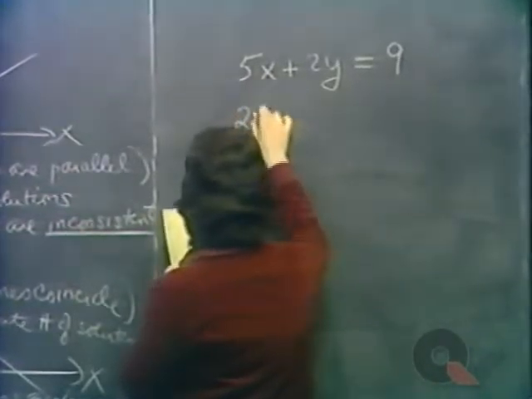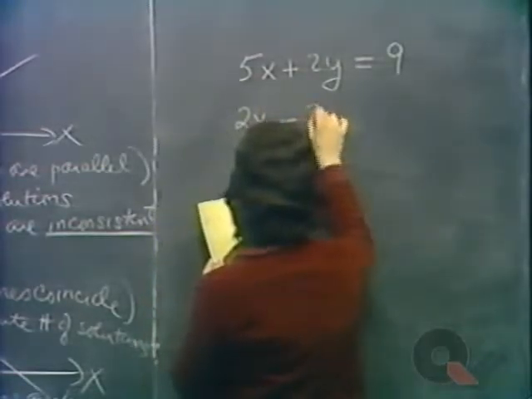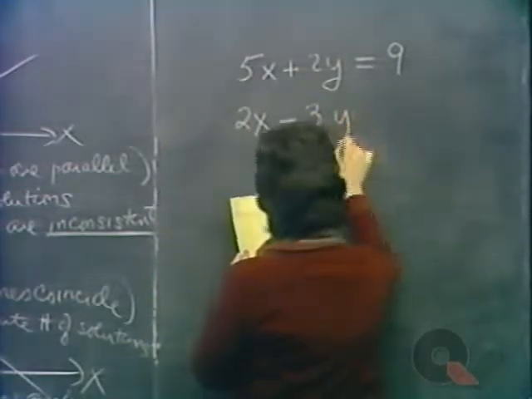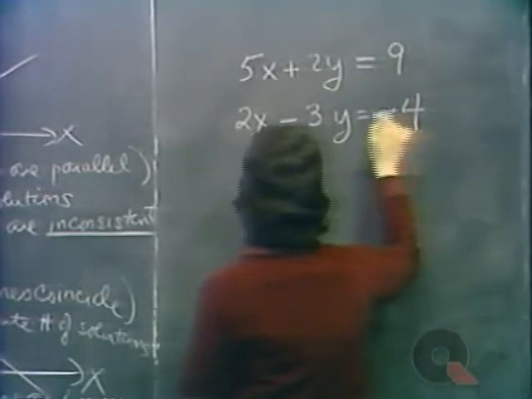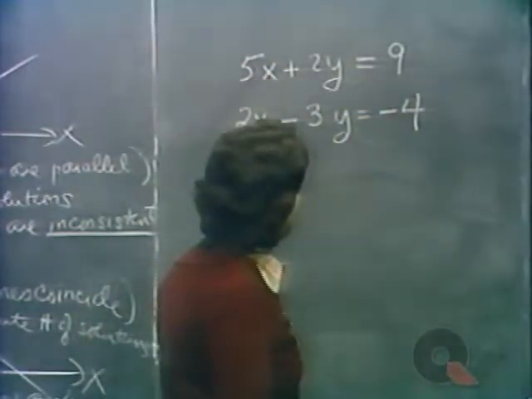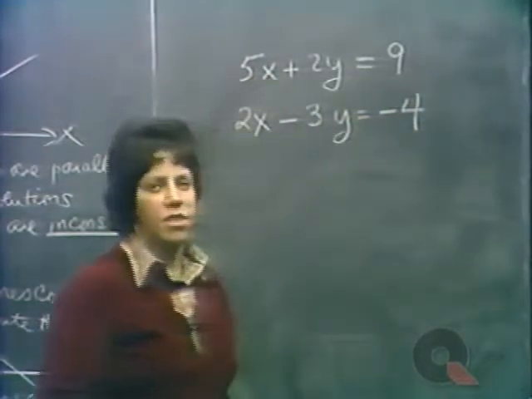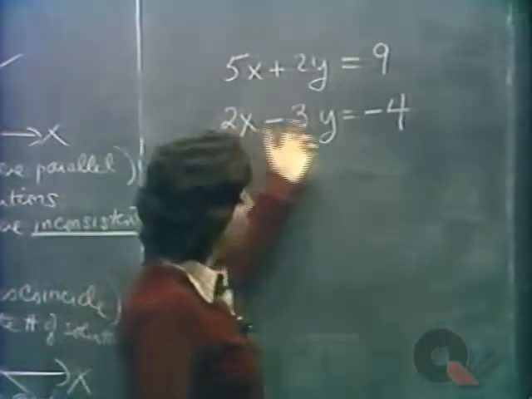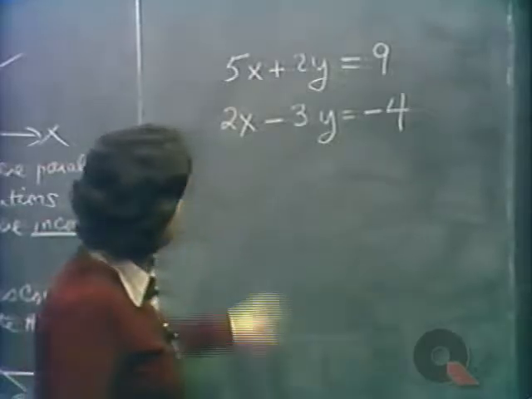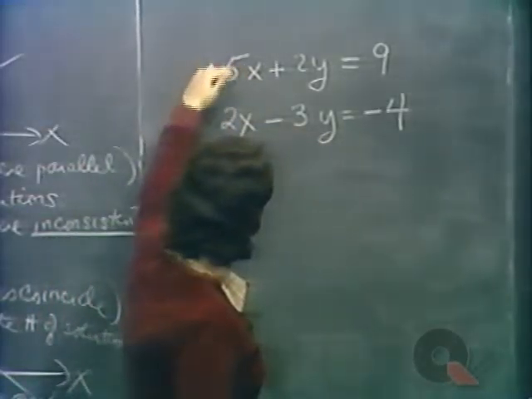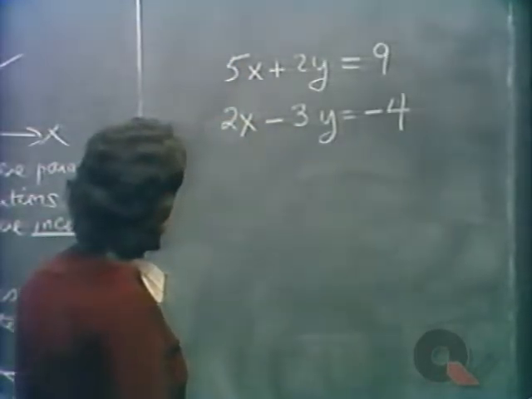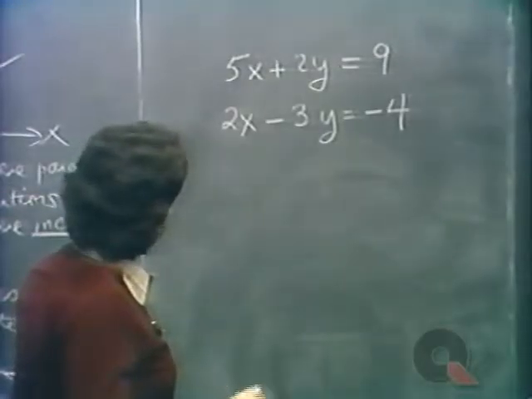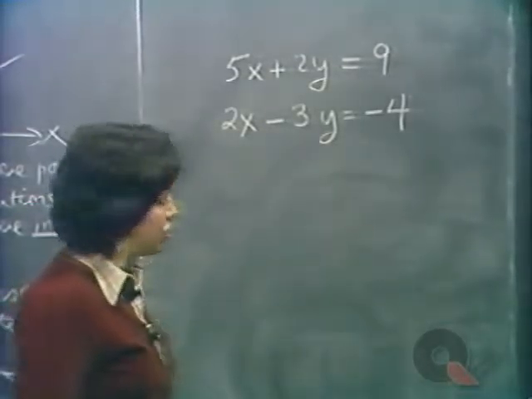And let's consider another linear equation in the same two variables, 2x minus 3y equals minus 4. Taken together, we have a system of equations. We would like to solve the system of equations: find the set of all points (x, y), or all ordered pairs (x, y), that satisfy both equations in this system. Now, the first method I'm going to be showing you is the method of elimination.